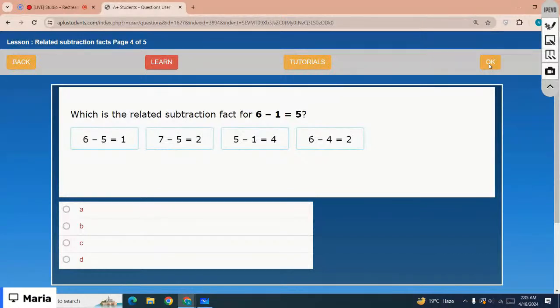Which is the related fact for 6 take away 1 equals 5, which is the correct option?